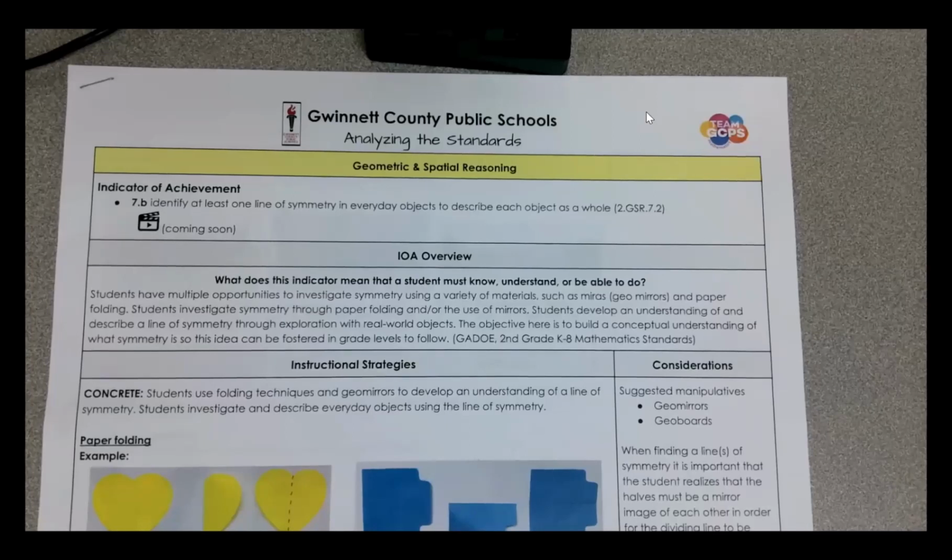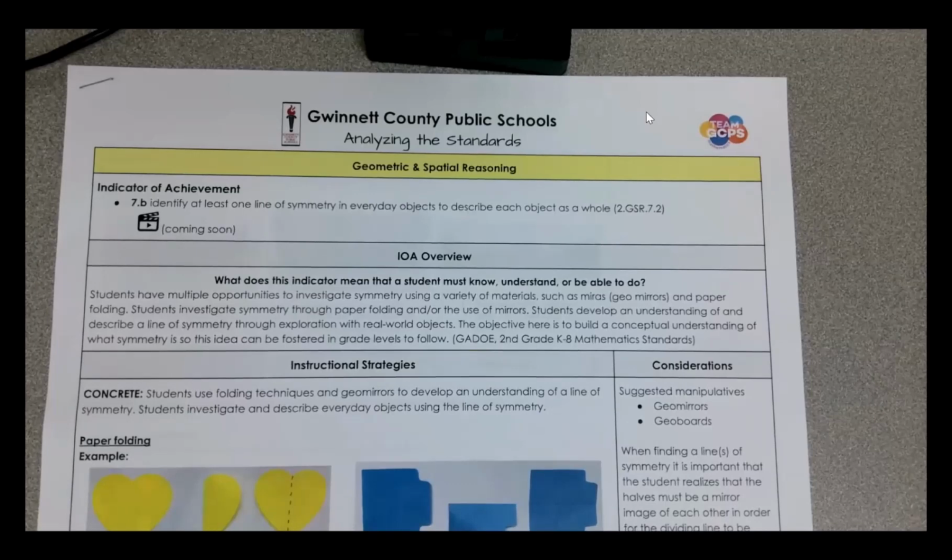Students are required to identify at least one line of symmetry, although they may accurately identify more than one line of symmetry in some shapes or everyday objects. There are several ways to approach this IOA.